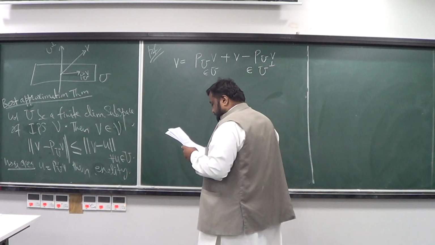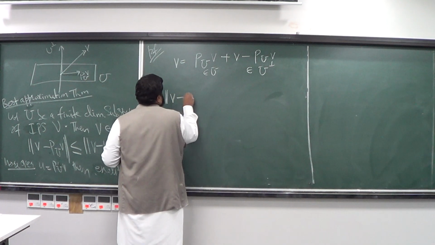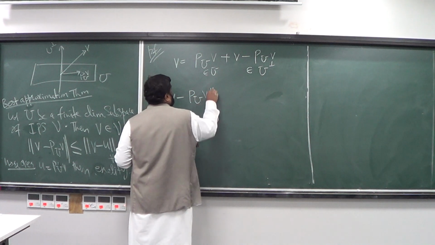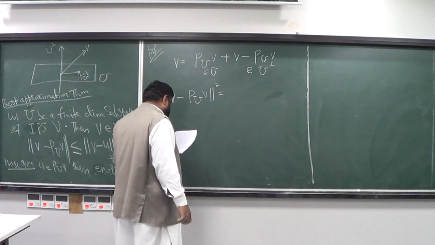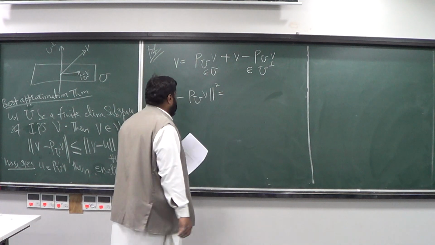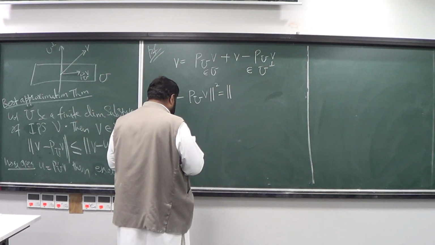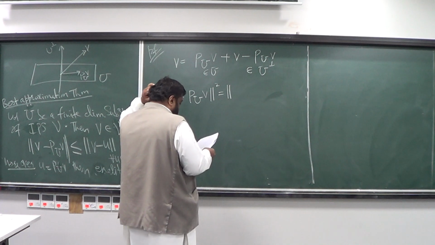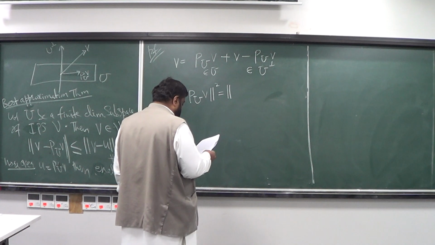This is something that we know. So if I compute, for example, the square of the norm of V minus the orthogonal projection of V onto the space U, then this can be written as what?